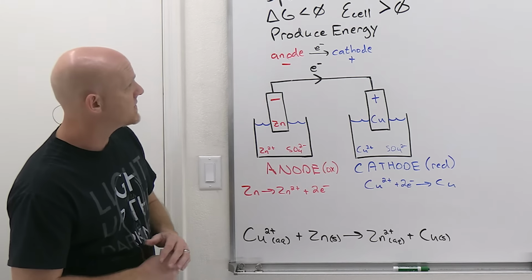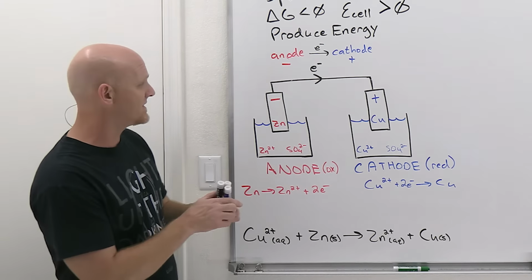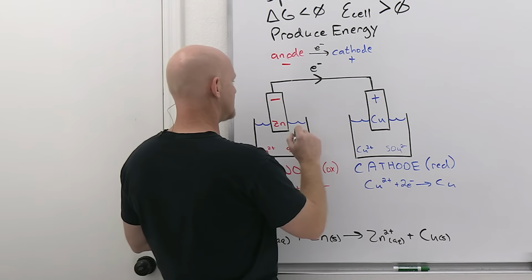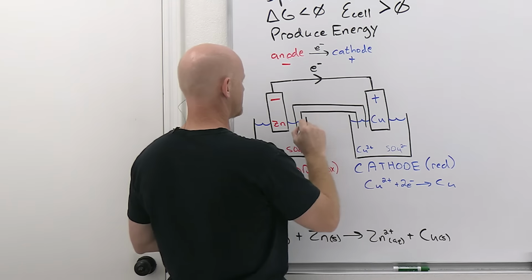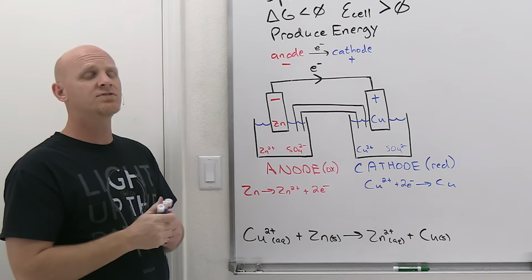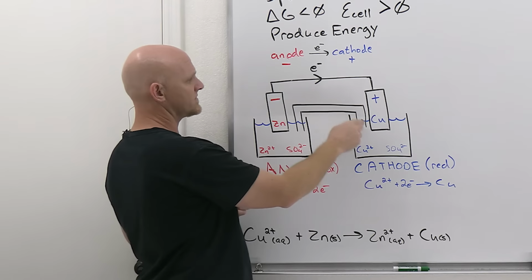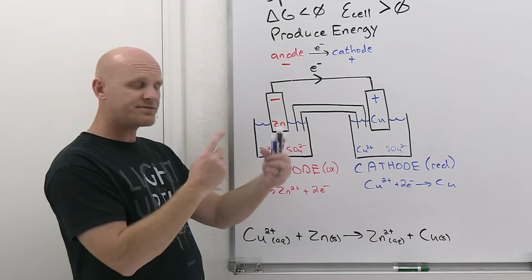All right, so we're not done yet. There's one big key component to this that we haven't talked about, and it turns out we need to connect these two solutions. If you don't connect them with this bridge right here, you have a dead battery. That bridge is super important, and we're going to fill this bridge with salt. So it's going to be some sort of aqueous salt, often suspended in a gel-type matrix, but capable of having ions flowing through it.